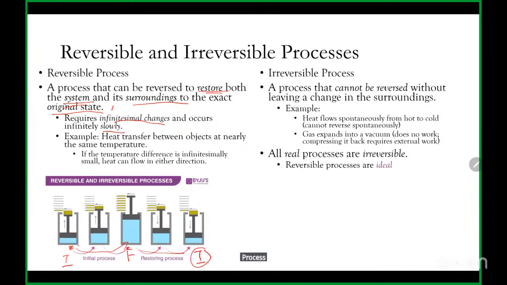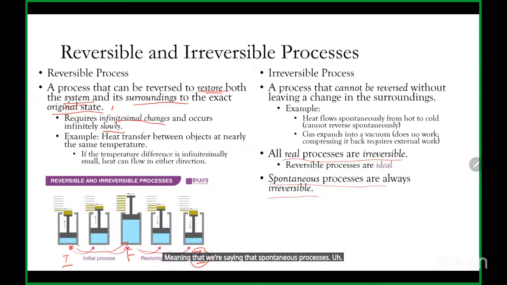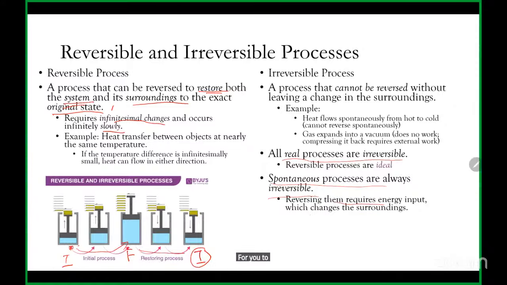In real life, processes are irreversible, meaning that spontaneous processes are always irreversible. For you to reverse, it requires energy input. And that energy input is often different from the previous direction.